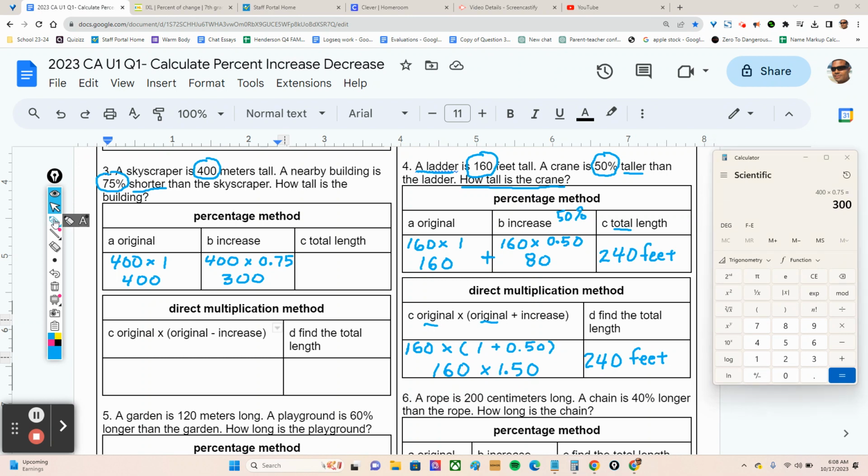Then we subtract because it says shorter, and that gives us a total height of 100 meters.